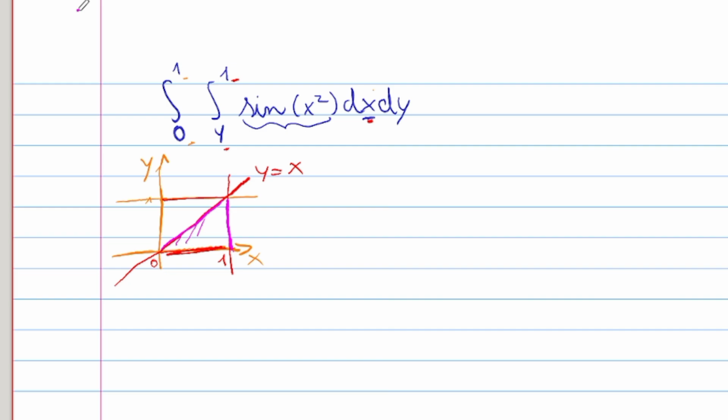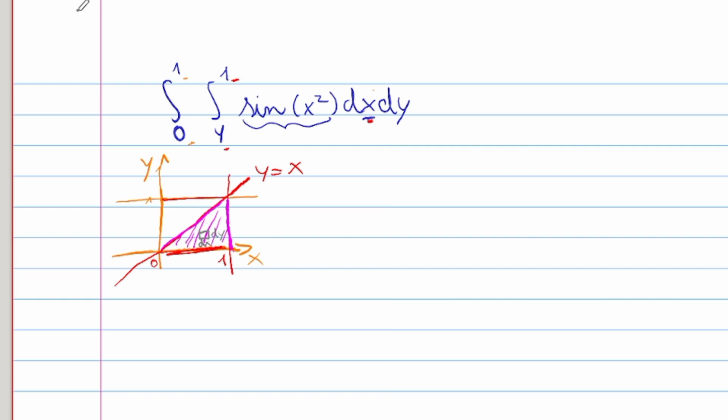We can see we are dealing with this region, right? But first we are integrating with respect to x, so we have a dx here. Good. We have little dx, little dy here.